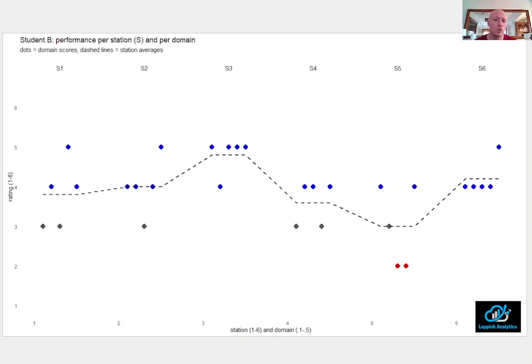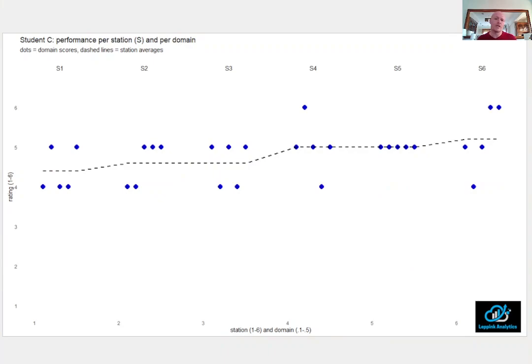Here we have only 2 moments of observed poor performance, another 6 at borderline, and hence the vast majority of ratings, about 73% to be precise, at or above the expected level. This candidate would normally pass if the borderline regression method was used.